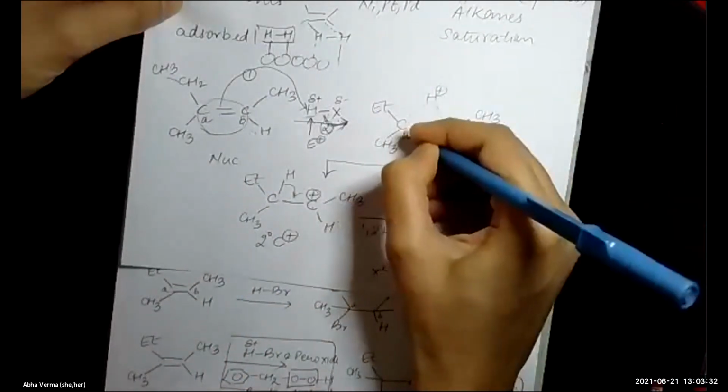The carbons which were involved in the formation of the pi bond, between those two, a stable carbocation will be formed. And hence that is what our regiochemistry will dictate, the Markovnikov's rule.